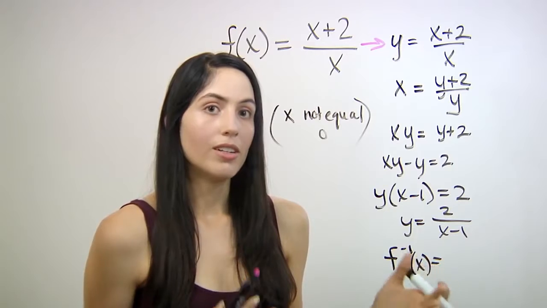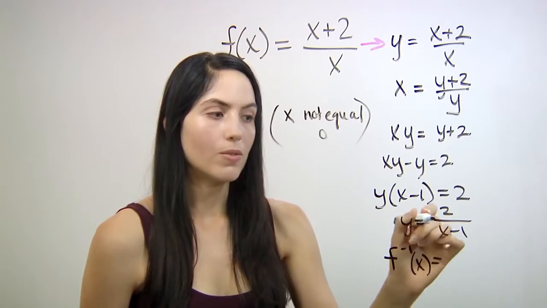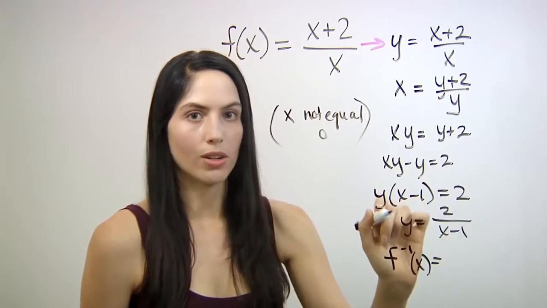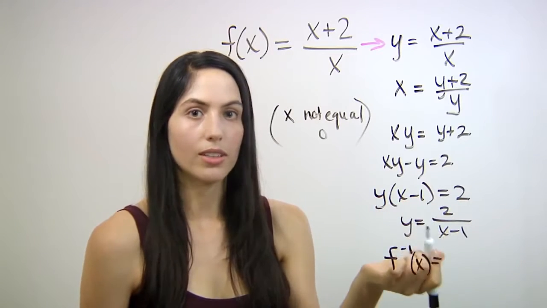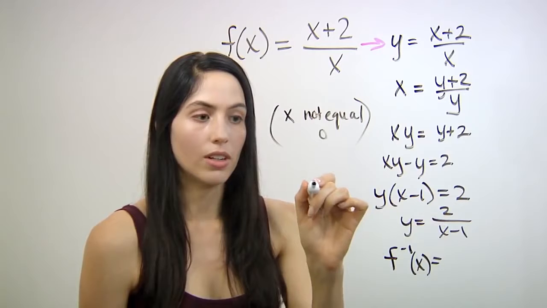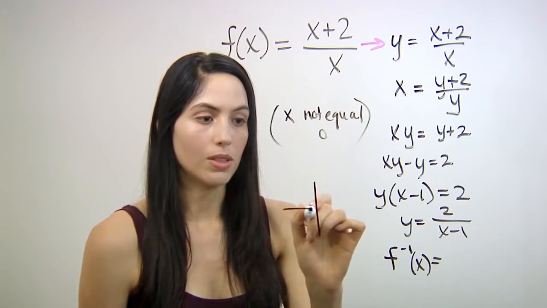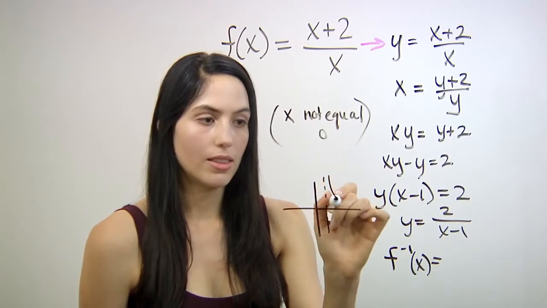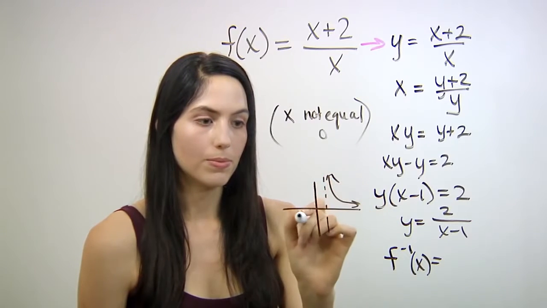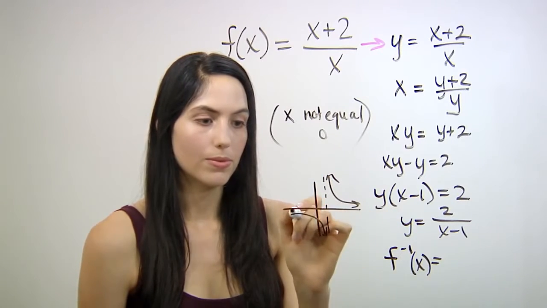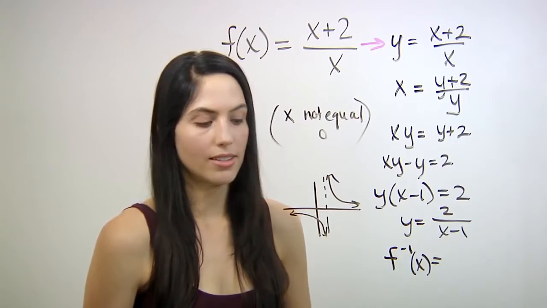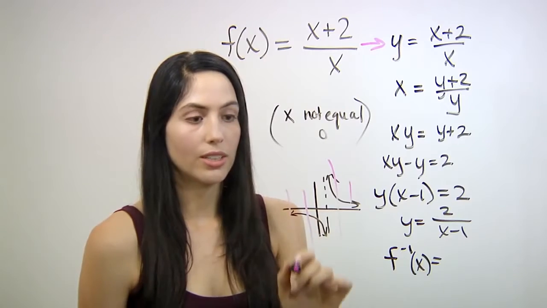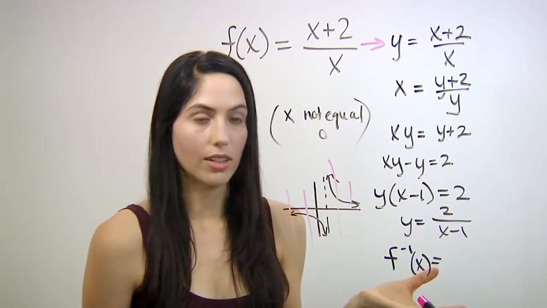Is this a function? It is, because for any one x value we plug in, there's only one corresponding y. And if we look at the graph of this function, as you know, it would look something like this. So if you did the vertical line test and checked everywhere, it only intersects once, so it's a function.